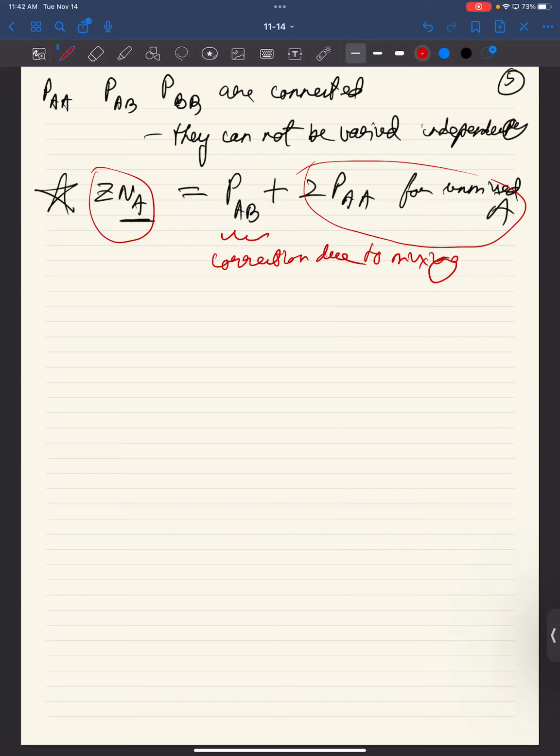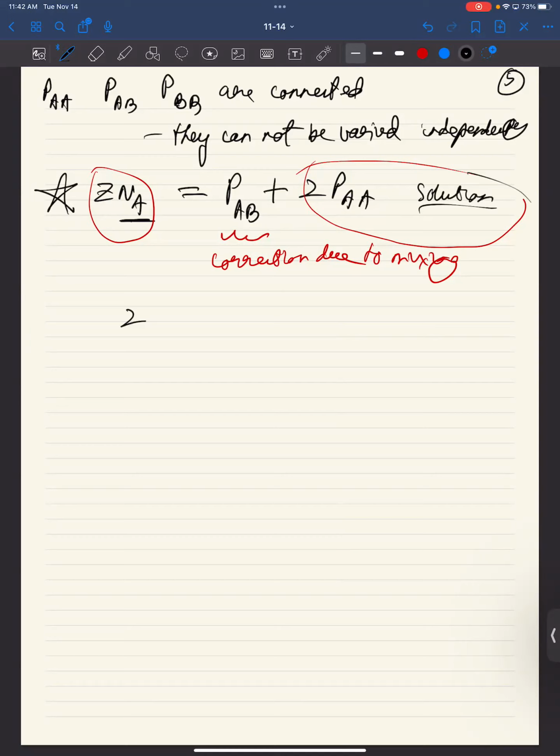Yeah, go ahead. So, were we having a correction due to mixing when we had the unmixed equation? No, oh, okay, this maybe is confusing you here. The whole thing is true for solution.